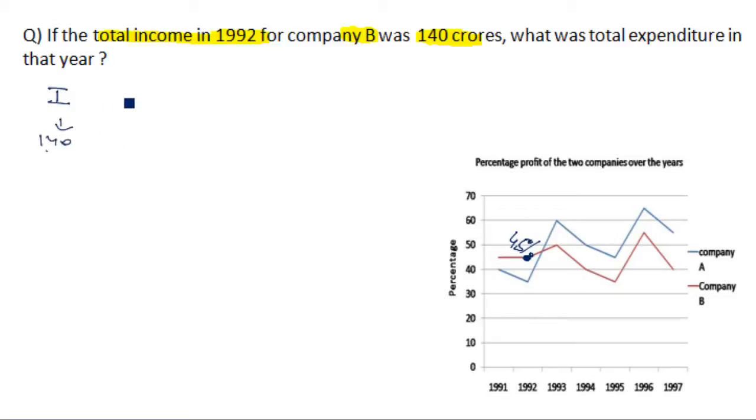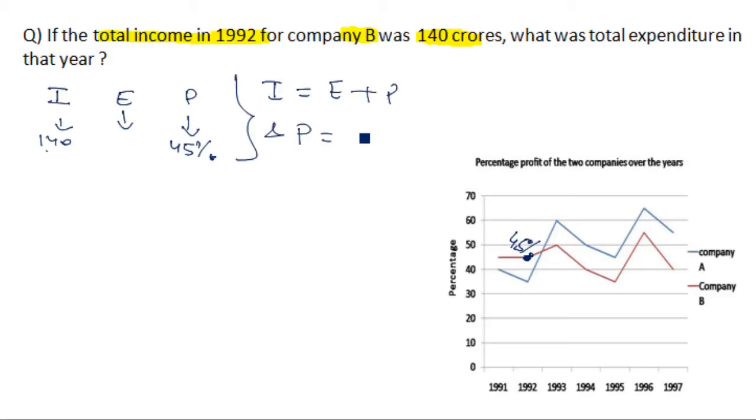Expenditure we don't know, and profit percentage is given, that is 45%. Now we know that I is equal to E plus P, and P is P into E by 100. Okay, important step. So this becomes 45 E by 100.